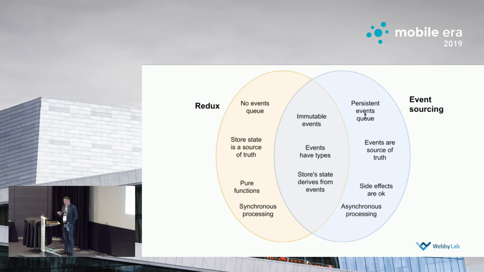In Redux, we do not have an events queue, and our store is the source of truth for our application. So we process an event, forget about it, and have everything in our store. In event sourcing, events are the source of truth for our application, and we can delete the rest because materialized views are just caches, as I mentioned before.